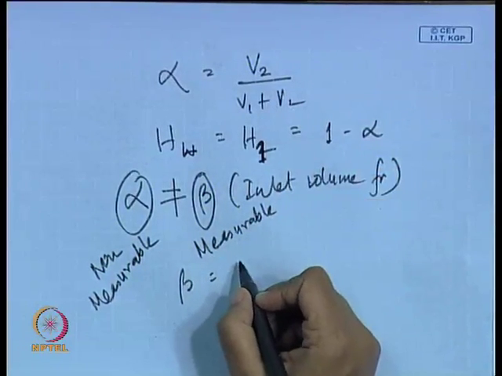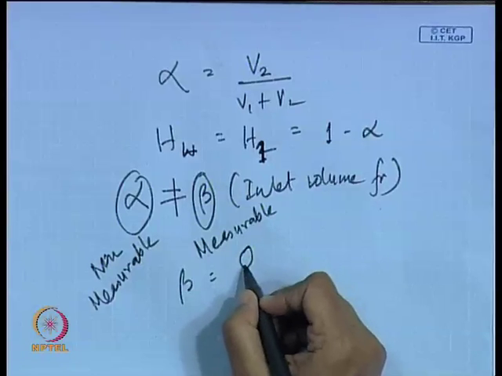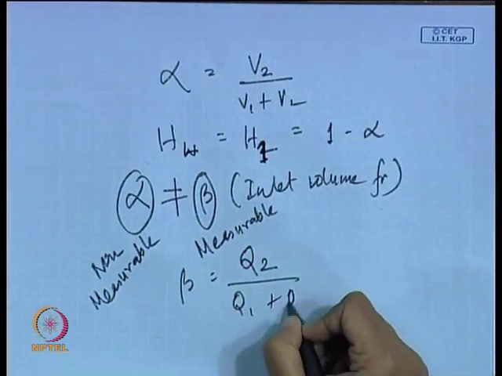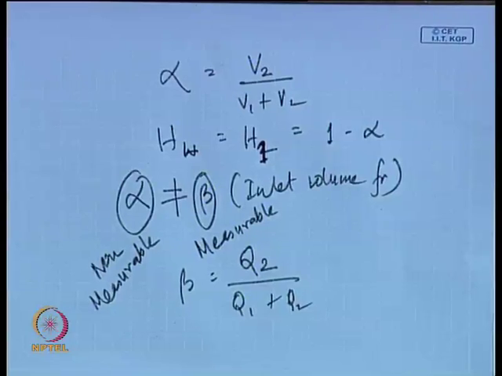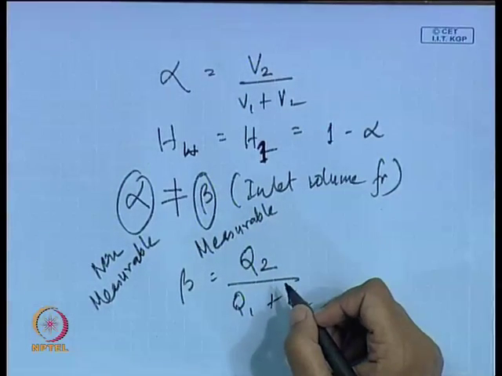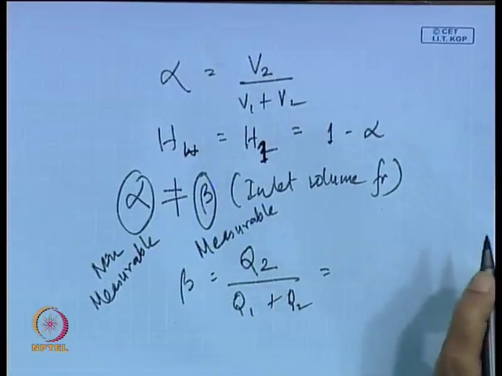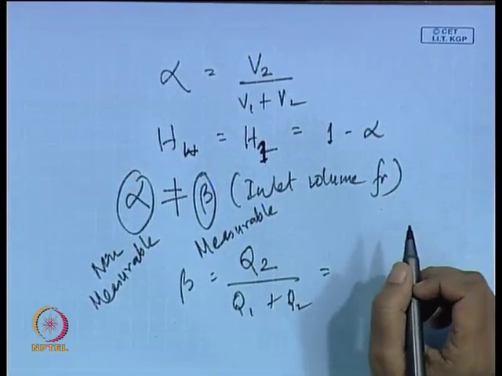So, beta in terms of volumetric flow rate will be Q2 by Q1 plus Q2. If you would like to refer to beta in terms of velocity, then how should we define beta in terms of velocity?